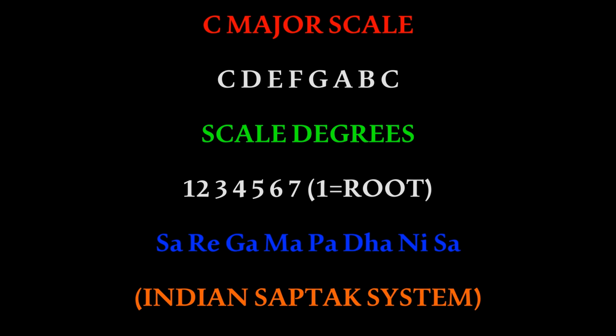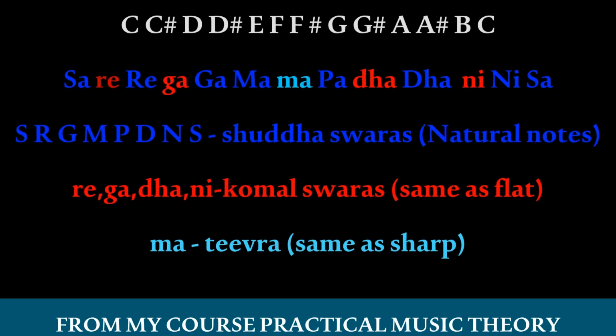In the Indian classical system, these scale degrees are designated as Sa, Re, Ga, Ma, Pa, Dha, Ni and Sa. In the Indian system, these notes are known as the Shuddha Swaras or the natural notes. The note in between the Sa and the Re is also known as the Komal Re and is written in lowercase letters.